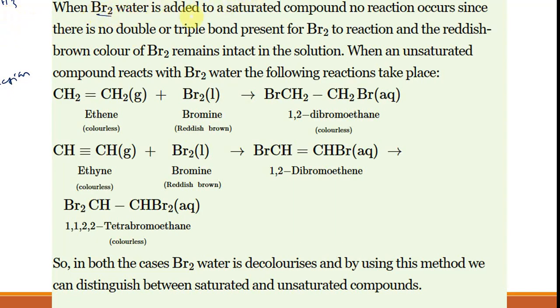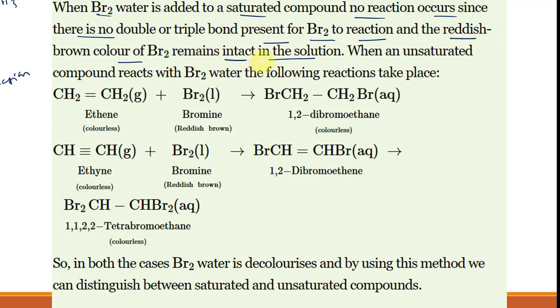When bromine water is added to a saturated compound, no reaction occurs since there is no double or triple bond present for Br2 to react with. If there is a double or triple bond only, the reaction will happen. The reddish brown color of Br2 remains intact in the solution.